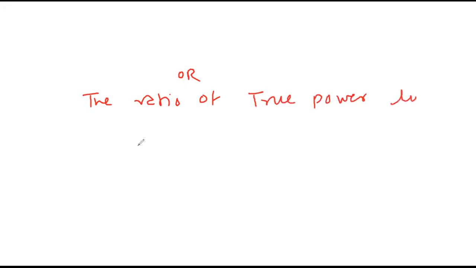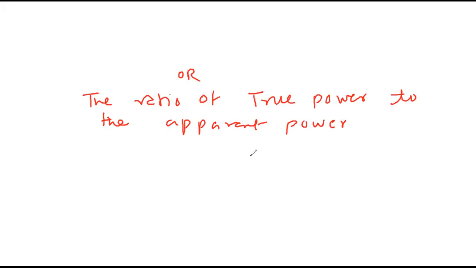Or the ratio of true power to the apparent power. True power is power in AC circuit with LCR. Apparent power is power in AC circuit with resistance.